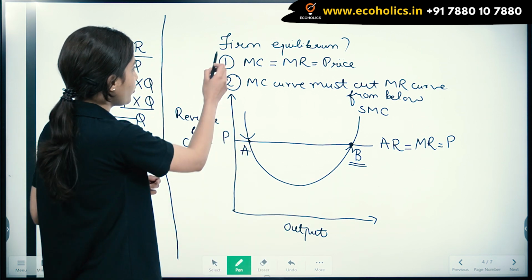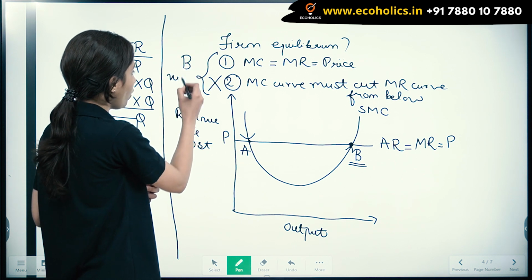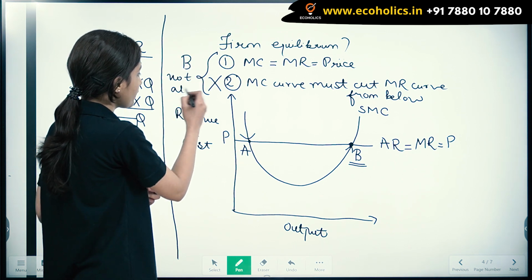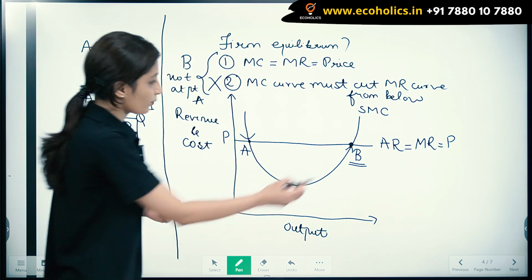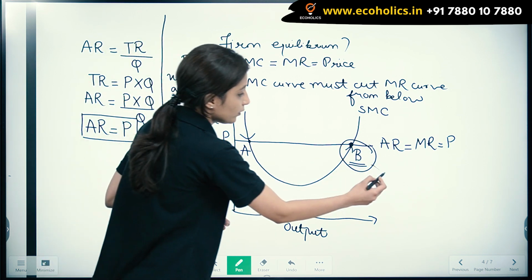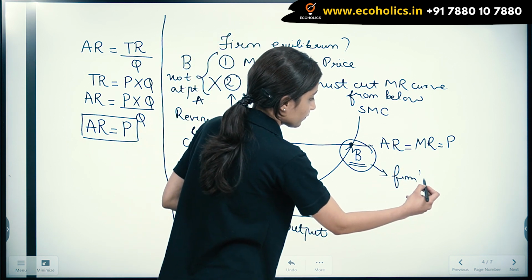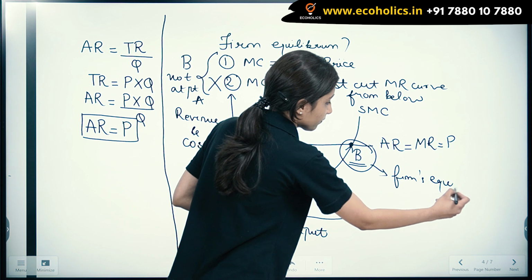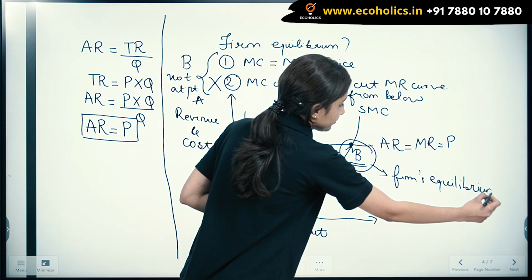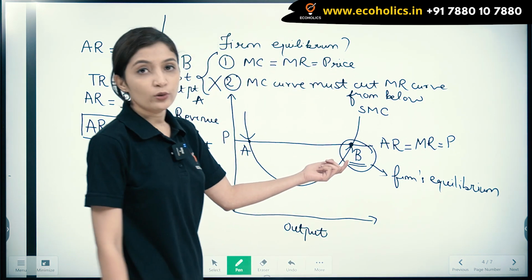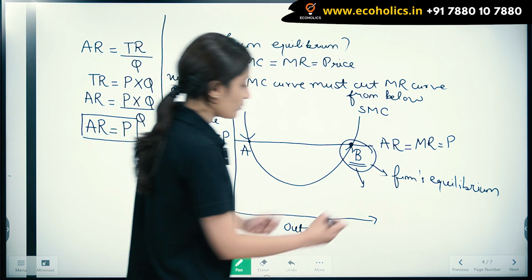So both conditions are satisfied at B and not at point A. So this becomes our firm's equilibrium in case of perfect competition. Also, this is the point where the firm earns maximum profit.